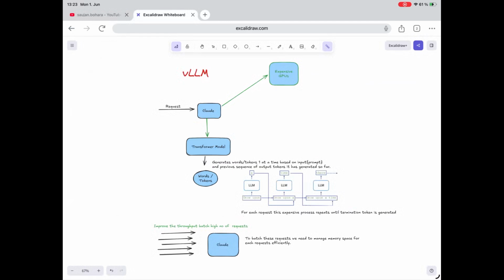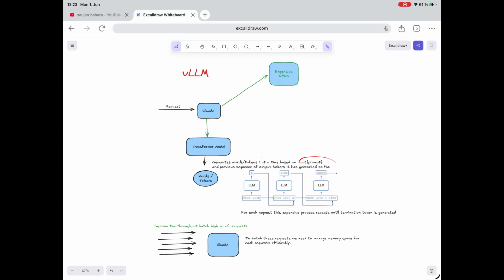From a very high level, we know this. When a request comes into an LLM, it has a transformer model at its core. It will generate a token, and when it generates the next token, it takes the previous tokens into consideration as well, and then keeps on generating further tokens until the termination token is generated.